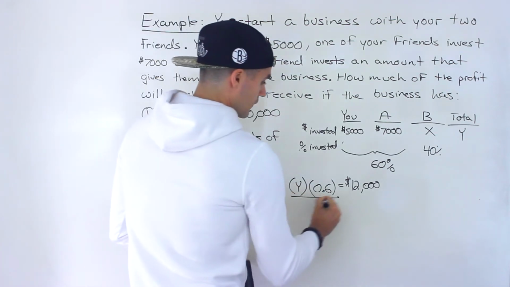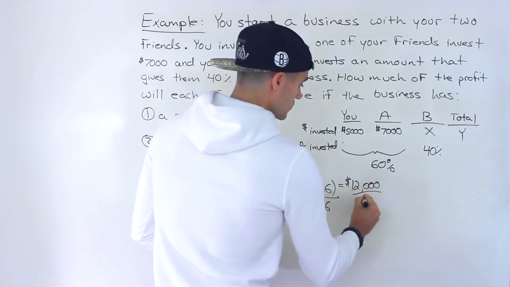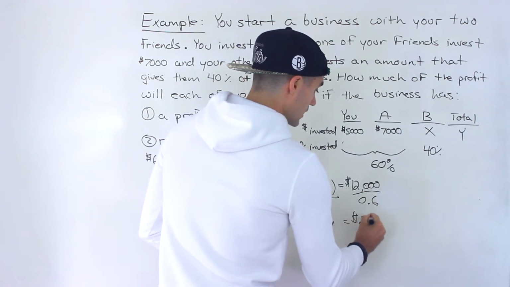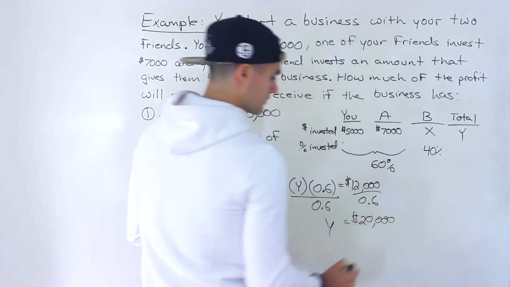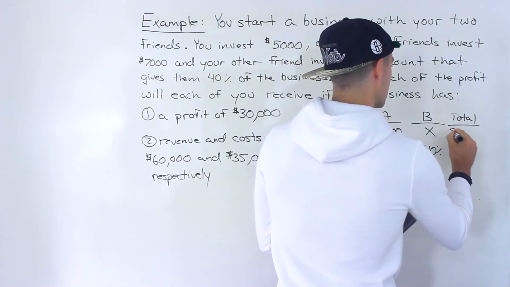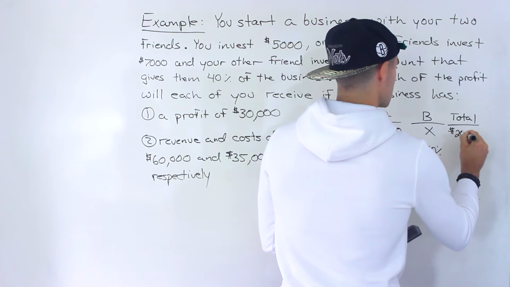Isolating for Y, divide both sides by 0.6, and you'd end up with 20,000. So the total invested ends up being 20,000.